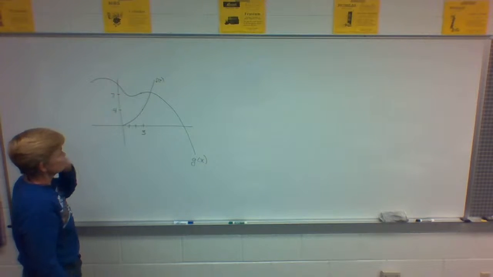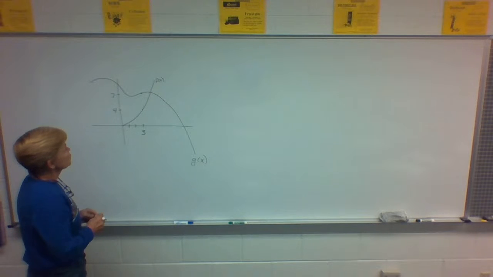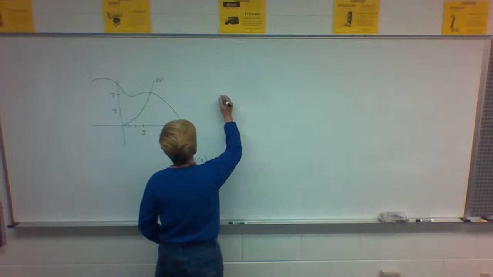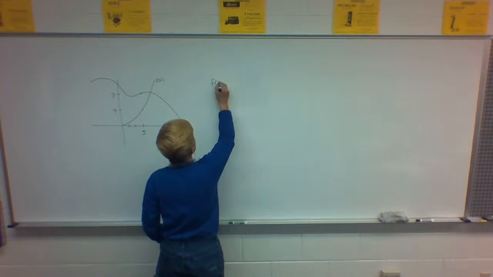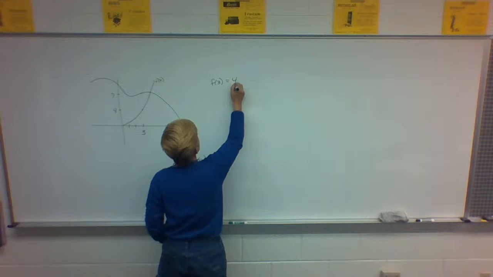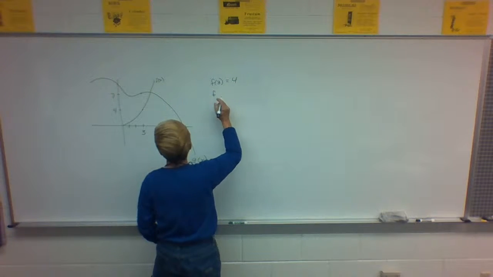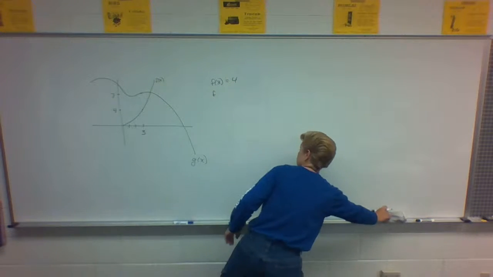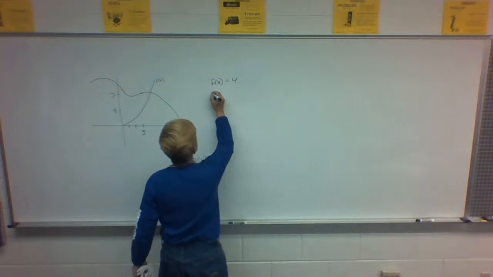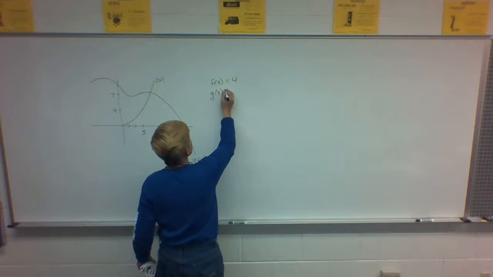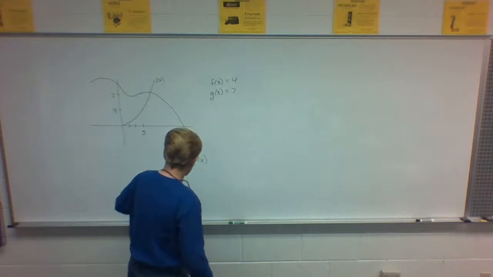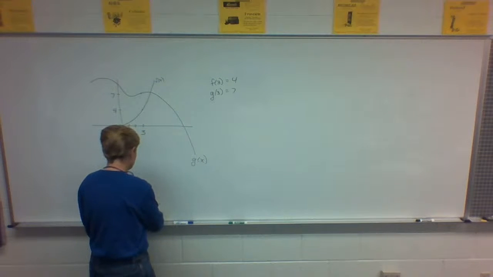Well, there is something strange going on. So what we say then is that f of 3 is equal to 4, and g of 3 is equal to 7. Okay, those are things that you're familiar with.